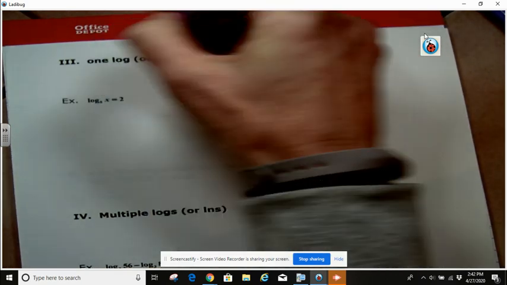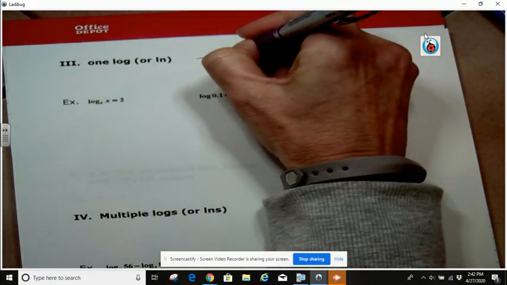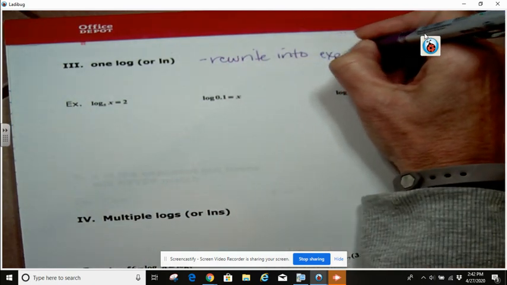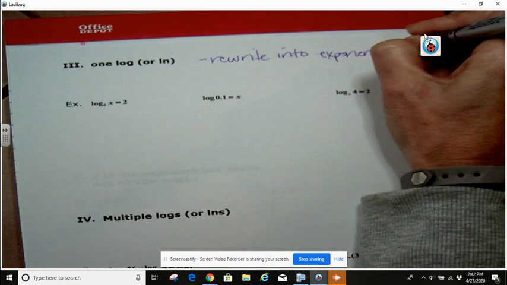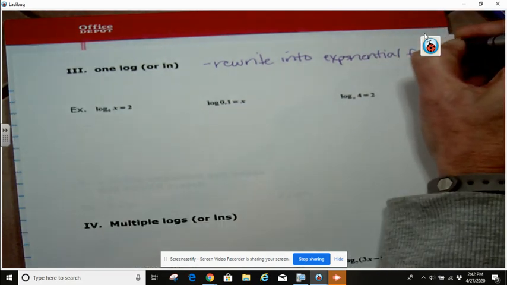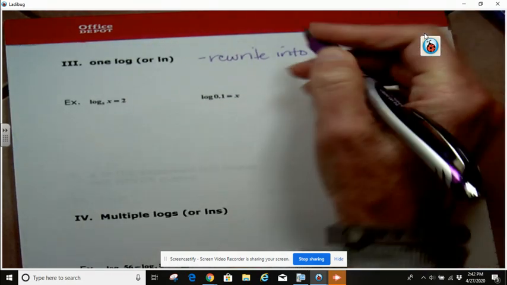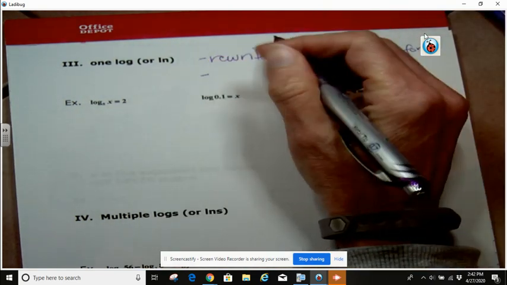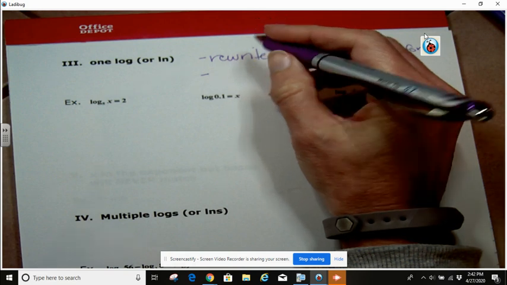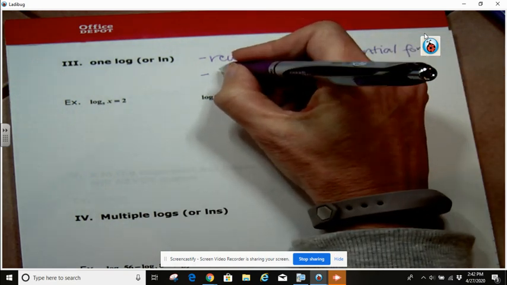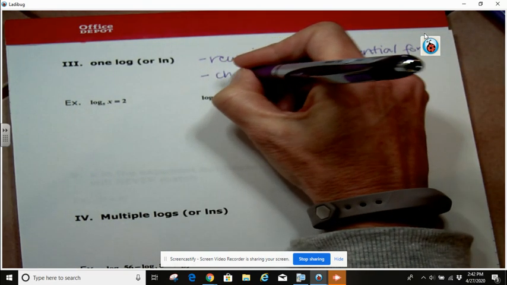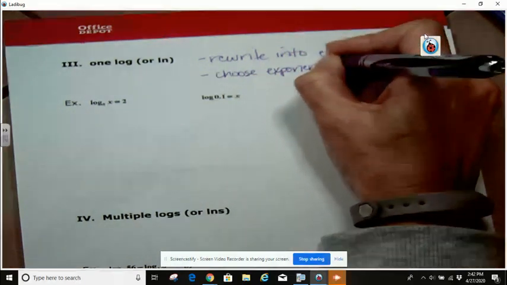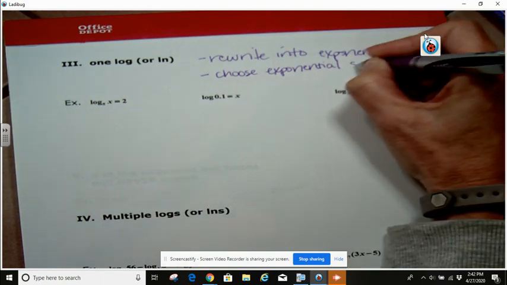But if there's only one log, you always want to rewrite into exponential form, which we covered last week. And then if you write it into exponential form, now it has an exponent, so it should fall into one of the first 2 categories because now it'll be exponential and not logarithmic. So you have to choose which exponential strategy you're going to go with that we just reviewed.